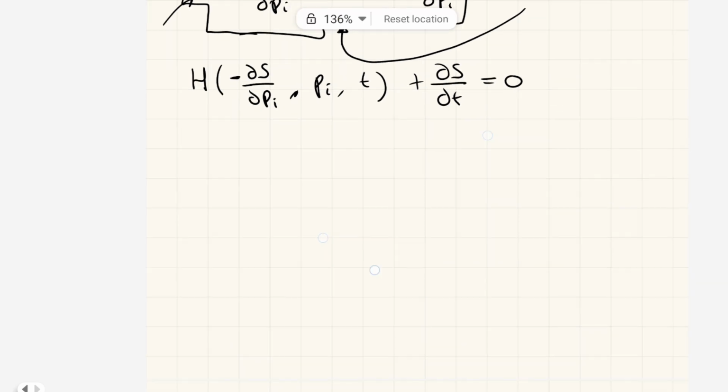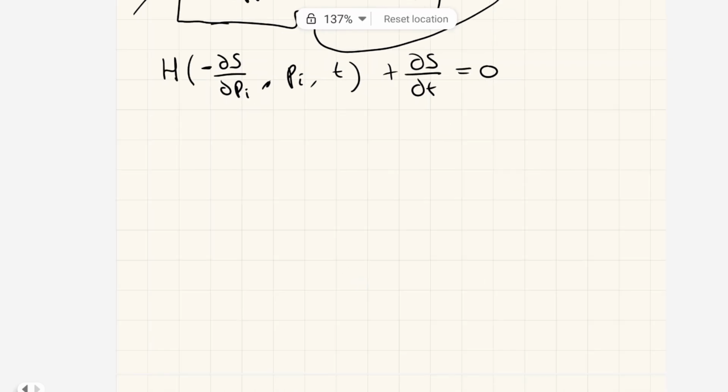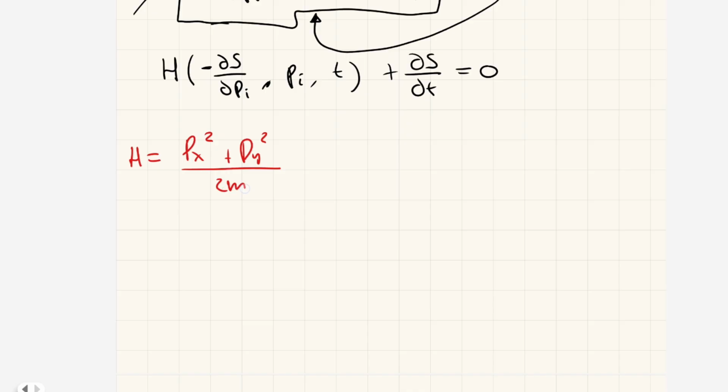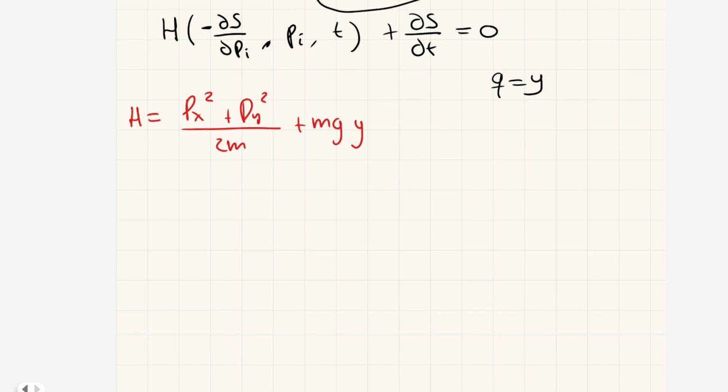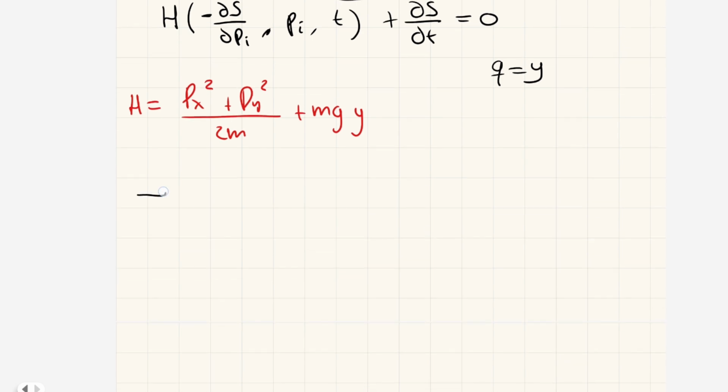Perfect. So getting back to the example of the particle in the uniform gravitational field, we know that the Hamiltonian for that example is H equal to px squared plus py squared divided by 2m, and then plus mgy. So in this case we can identify the q as the y that is here, and we should construct the Hamilton-Jacobi equation for this Hamiltonian as follows.